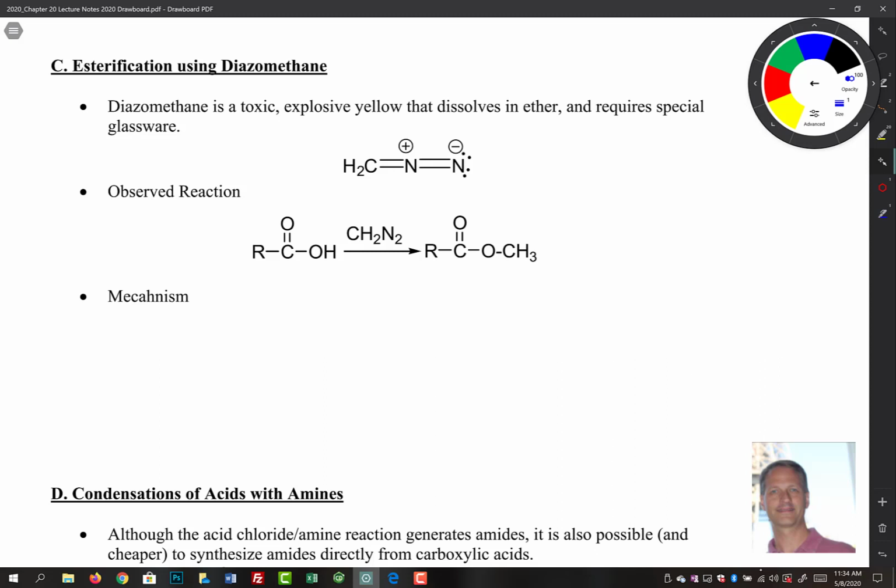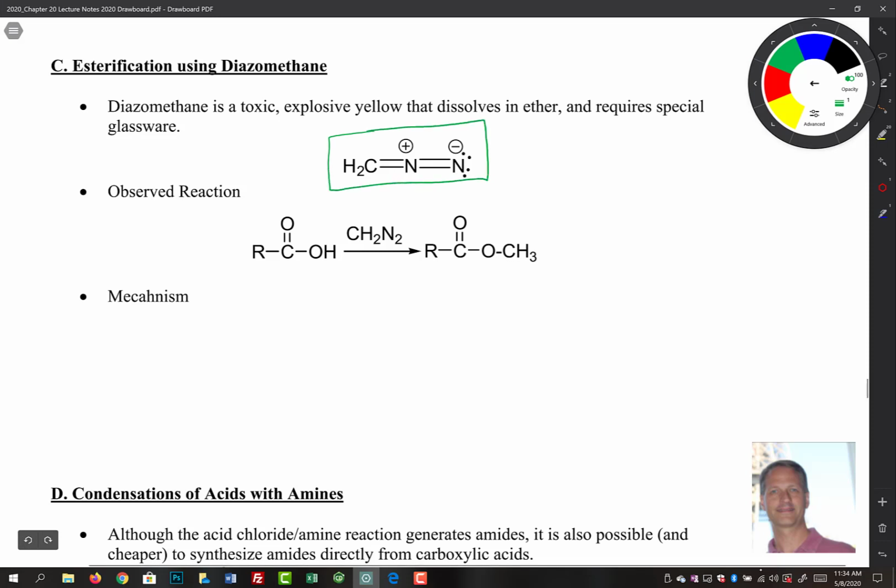Number one, toxic, right? And azide groups can be explosive too. So it's an explosive compound. So it requires special glassware to deal with. Now, as far as the Lewis structure of this thing, I've drawn it out here for you.